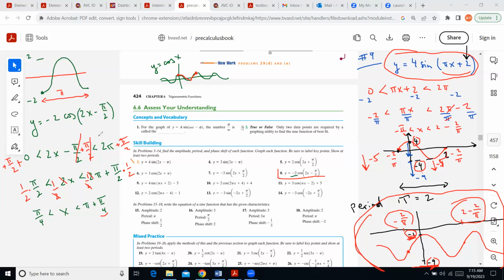Anyways, the period is pi, and now we start. That's the key part. We started at pi over 4, so we shifted it by pi over 4 to the right. And we end at pi plus pi over 4. And that does it. This is my graph.